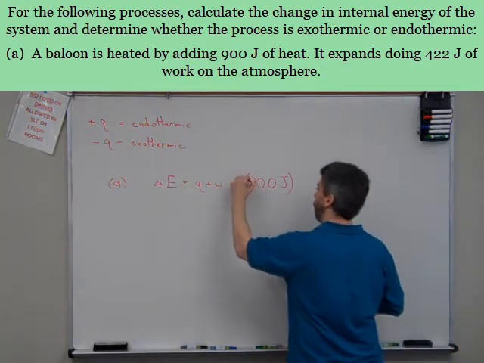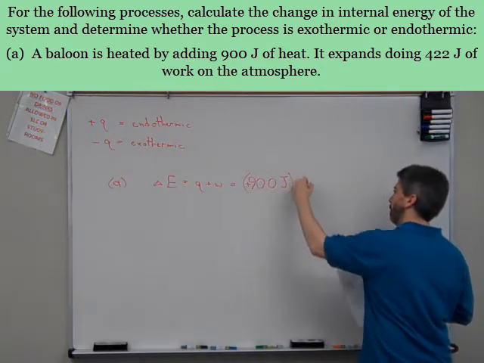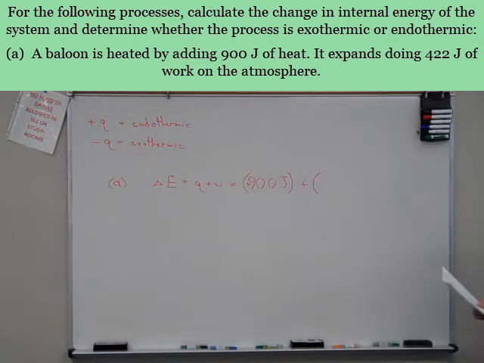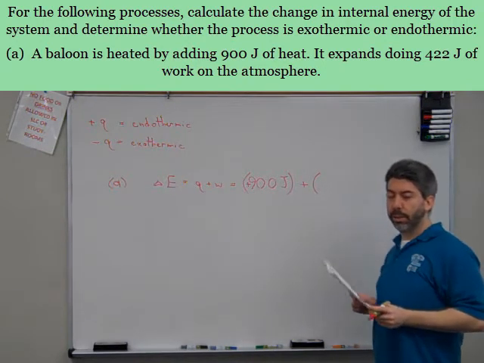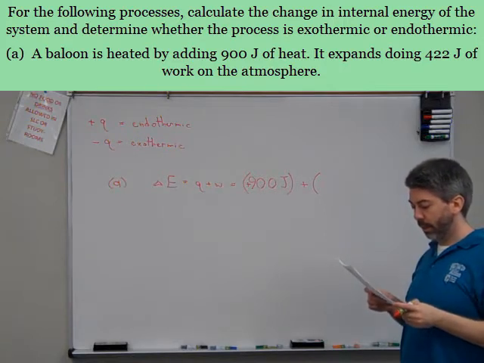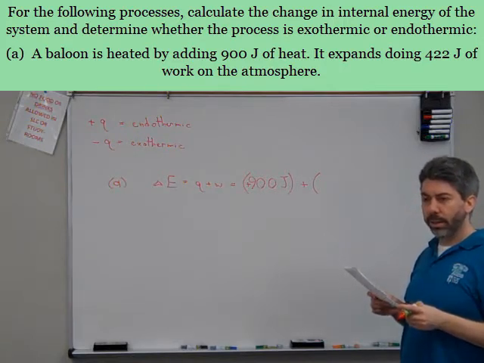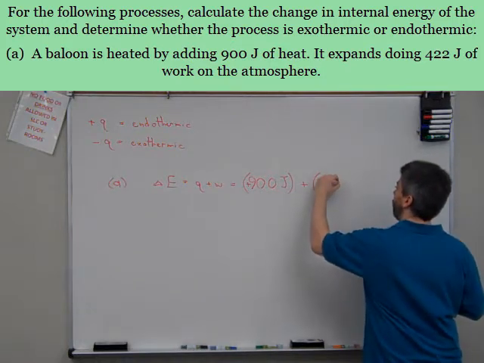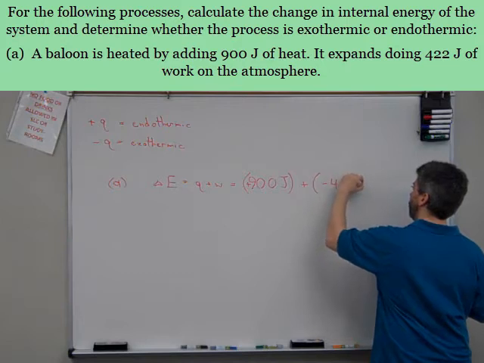Now, what about the work? What's W? 422. Positive or negative? It's giving it to the surroundings, so it's negative. It's negative. Very good. So negative 422 joules.